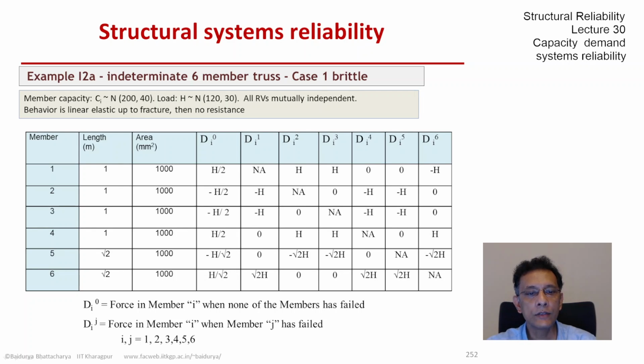Some of these are not loaded at all. In each case of one member failure, we have 2 elements that are not loaded at all. We'll come back to this, but it's interesting to note that there is some sort of symmetry in the loading between different columns, which again will be useful for us when we compute system failure probability.